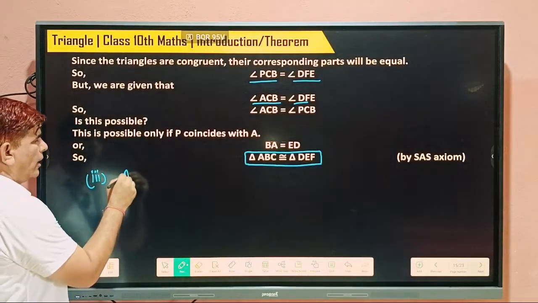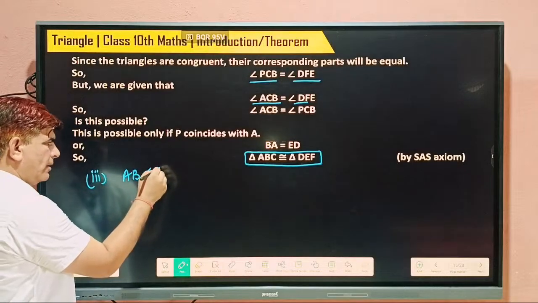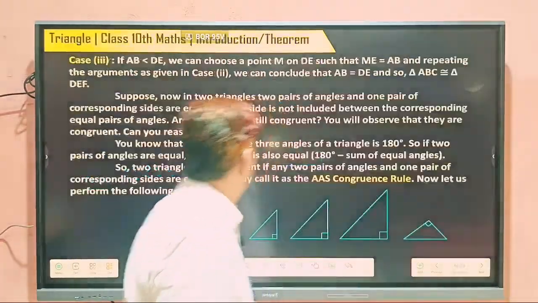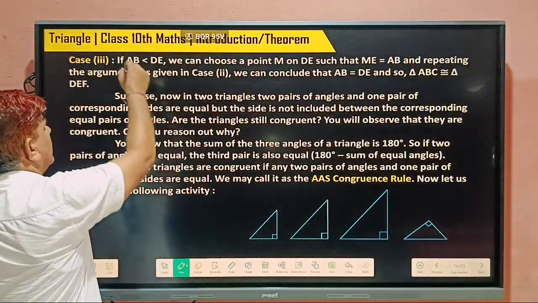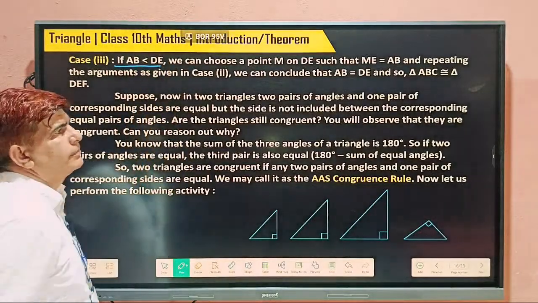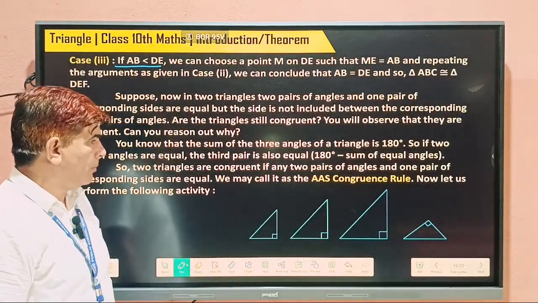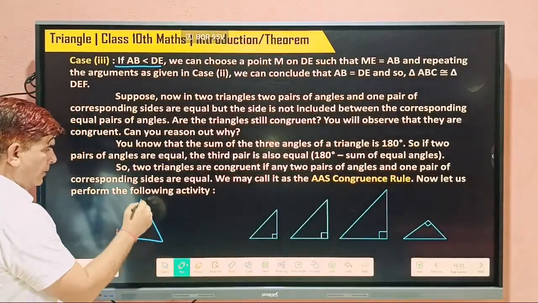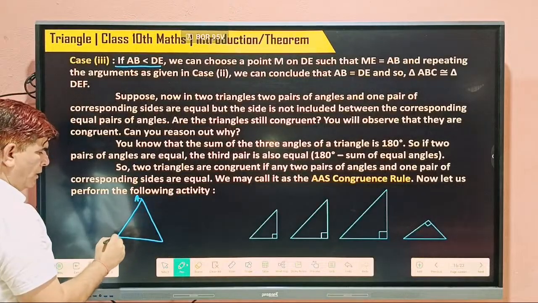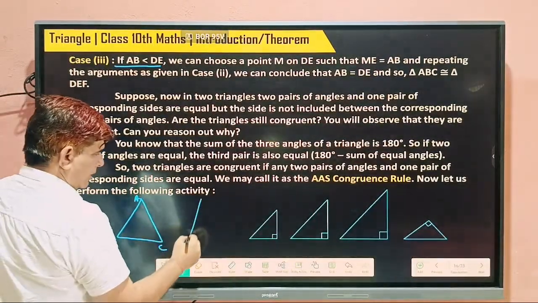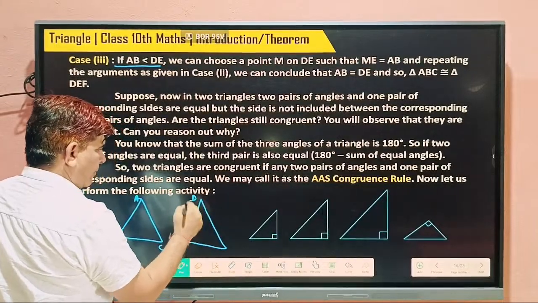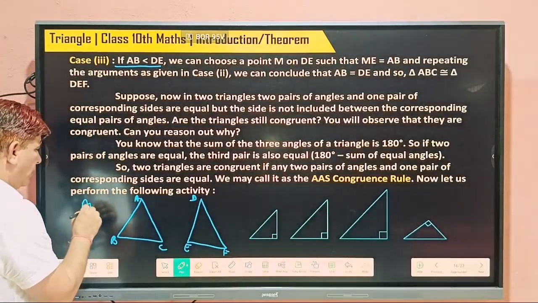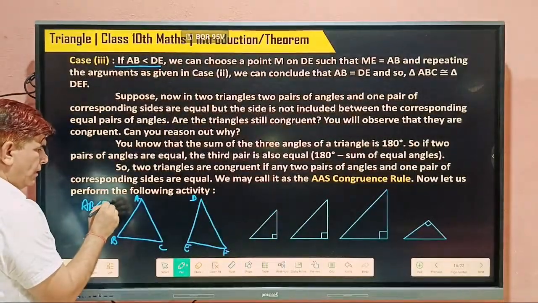Third case. AB is less than DE. Look here, AB is less than DE. We have taken this triangle, one triangle A, B, C, and this triangle D, E, F. Here given AB is less than DE.